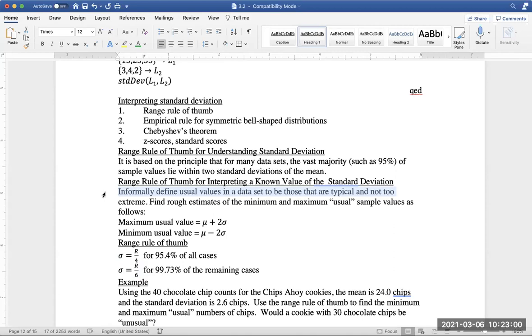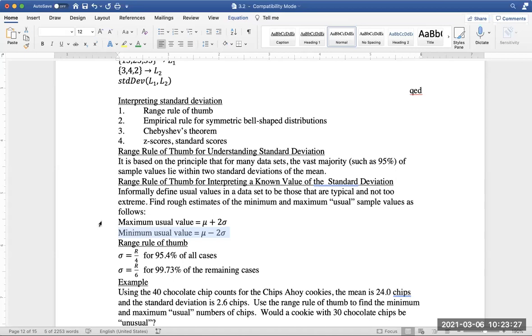We've got a range here, and that means the range is 4 times the standard deviation. Therefore, a rough estimate for the maximum usual value is 2 standard deviations above the mean, and the minimum usual value is 2 standard deviations below the mean, because the range is 4 standard deviations.